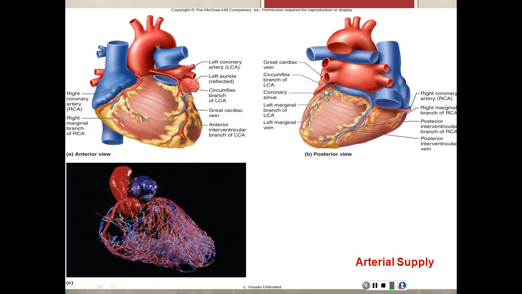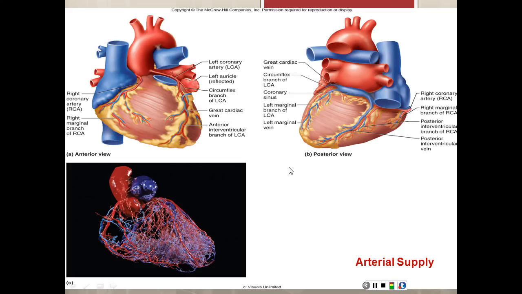So the circumflex branch comes around the left side of the heart into the coronary sulcus. Sorry, I keep mixing up the two. Coronary sulcus, and then it branches off. It gives off a branch called the left marginal branch that's going to pass down the left margin, and then it's going to start nourishing that left ventricle.